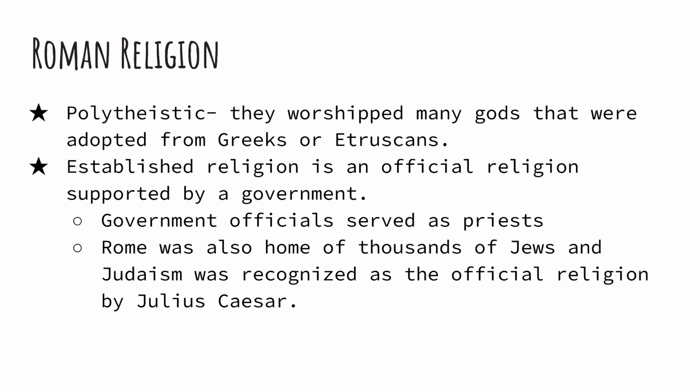Rome was also home to thousands of Jews, and Judaism was recognized as an official religion by Julius Caesar. And as we get much farther into when Rome goes from a republic to an empire, we will see that Rome transitions over to Christianity. We know Christianity is monotheistic, which means they believe in one God.